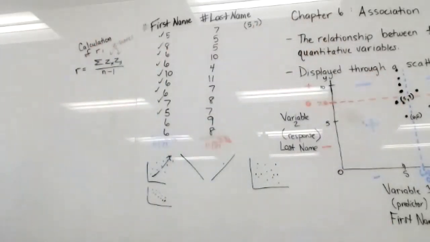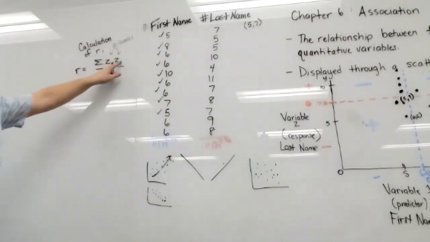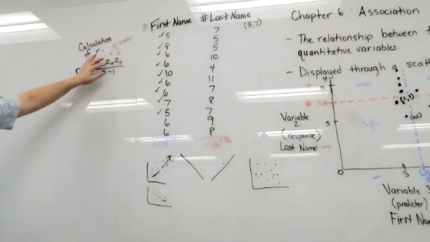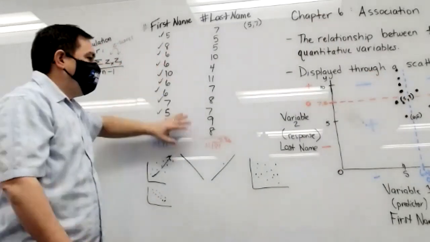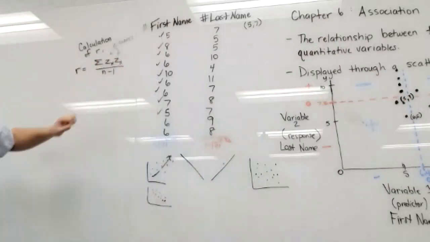And so as we're adding these together, if we're going to have more negatives than positives, then this value up here, after adding them all together, is probably going to be negative, and then we're dividing by the total number of values minus 1 to get our correlation coefficient. Now, the great thing is, rather than having to do that tedious calculation, Excel will do it for us.